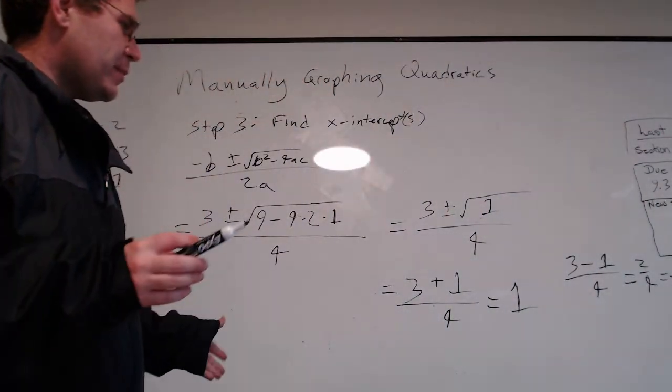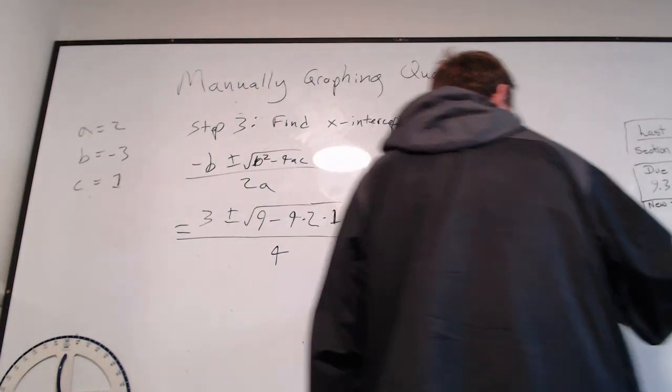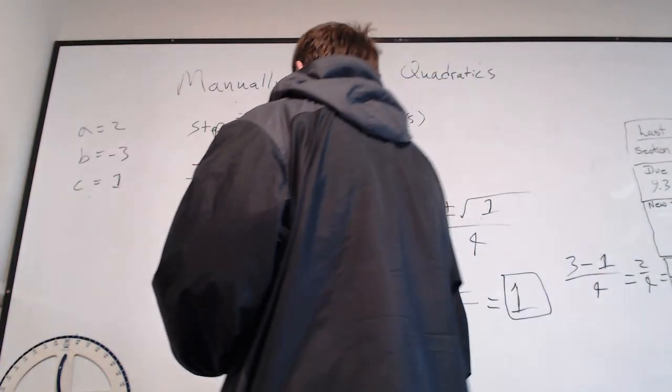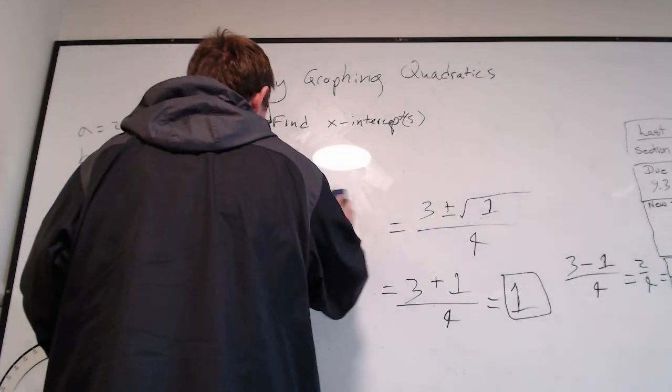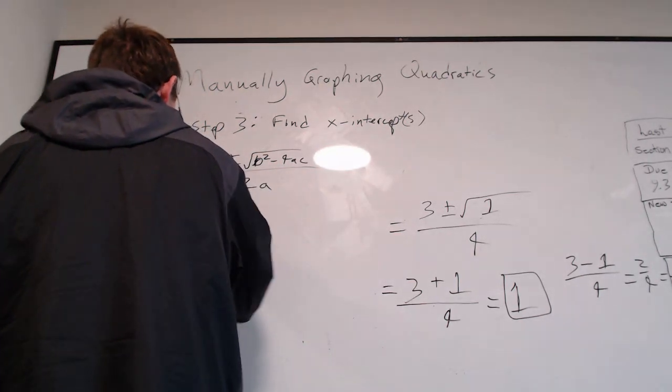Okay, so now at this point, since we have our x-intercepts, as well as our vertex and y-intercept, we can actually go ahead and work on graphing this. And I will try to make it so Brielle and Ava can see it.